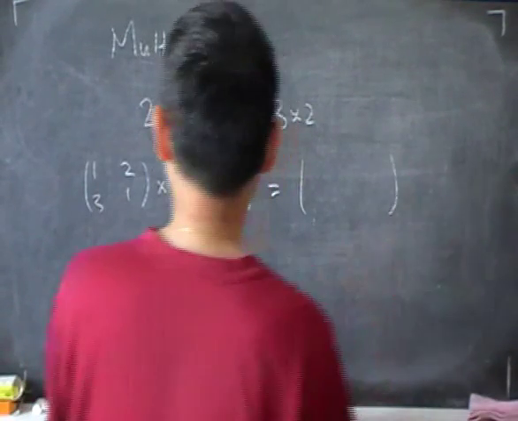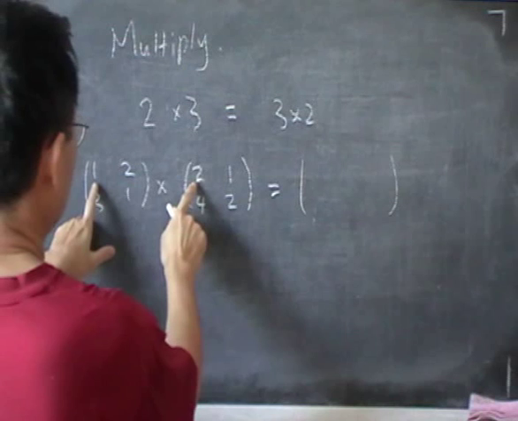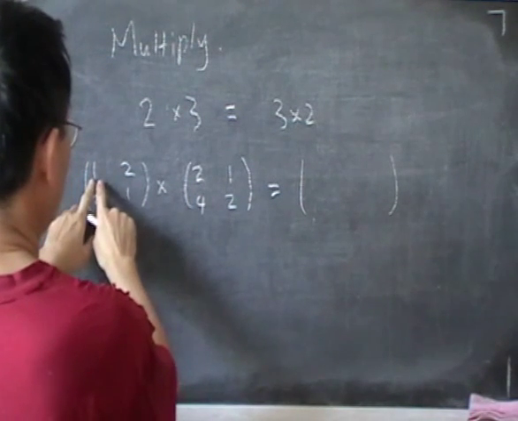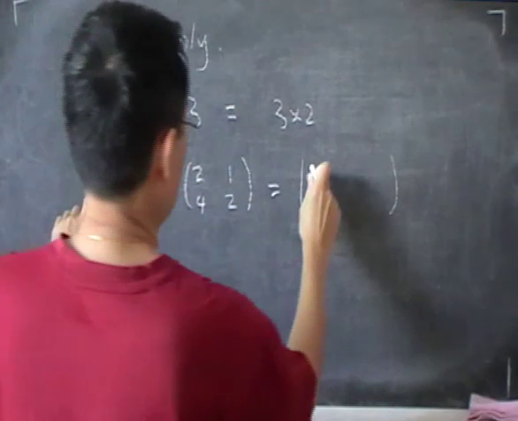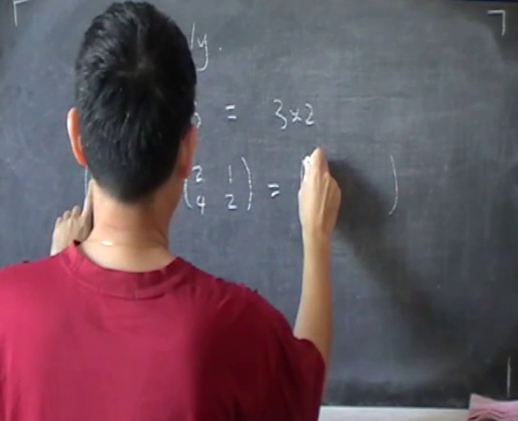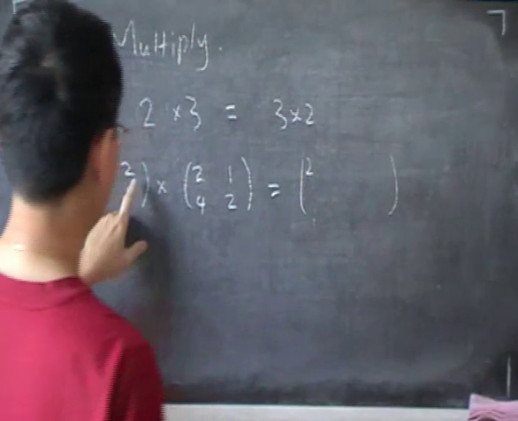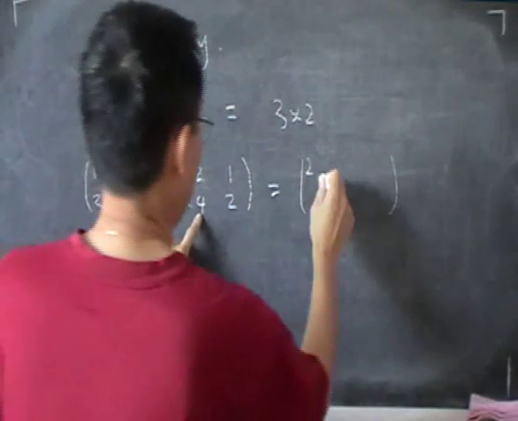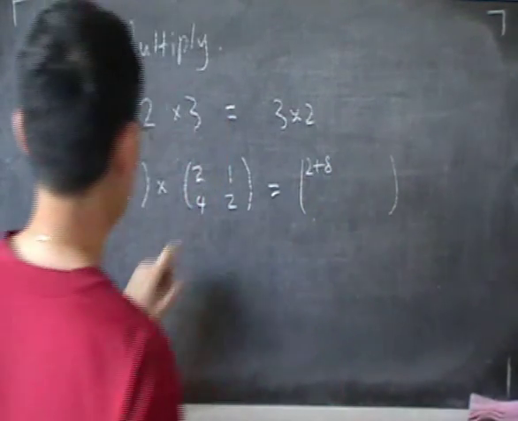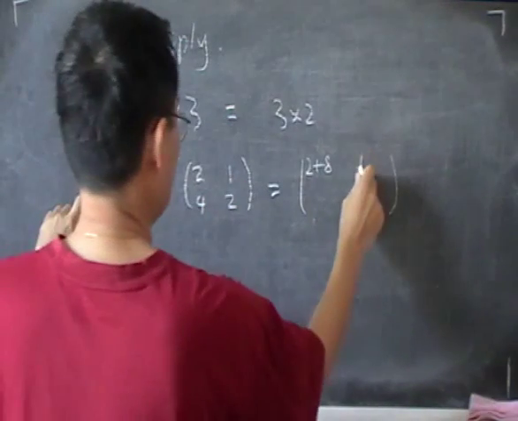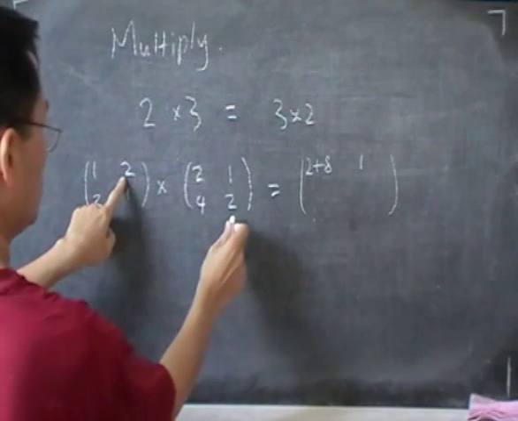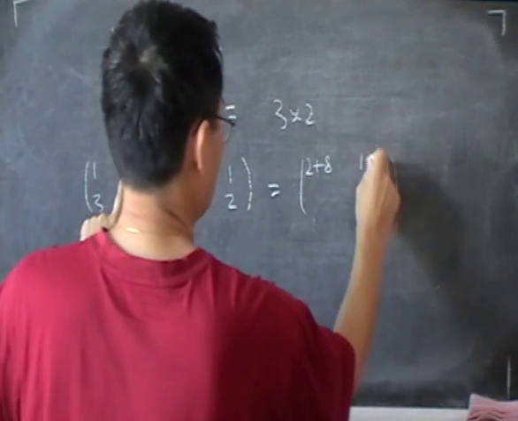I'm going to do it quite quickly. So I would take 1 times 2, which is 2, and 2 times 4, which is 8. Okay, and then I would take 1 times 1, which is 1, and 2 times 2, which is 4.